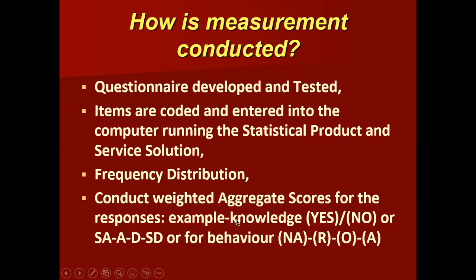But by the time we do our analysis and synthesis, we now synthesize the variables in the study. And we synthesize them based on weighted aggregate scores for which the individuals have responded. For instance, in knowledge, you can have a yes, no.